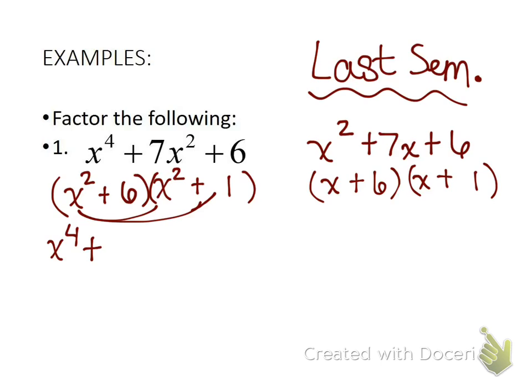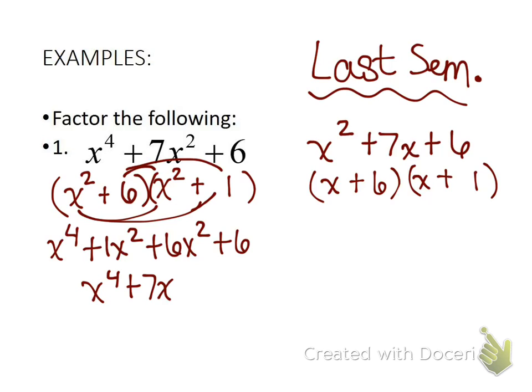A 1x squared. We would also distribute the 6. So 6 times x squared would be a positive 6x squared. And then 6 times 1 we already talked about is a 6. If I combine those 2 terms in the middle, what do I get? 7x squared. So this is a step where I checked my work.